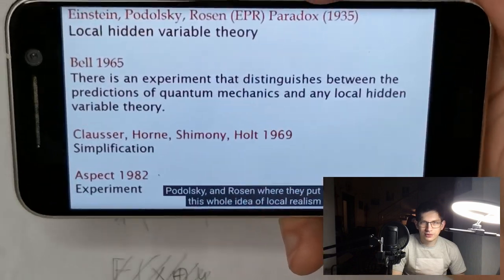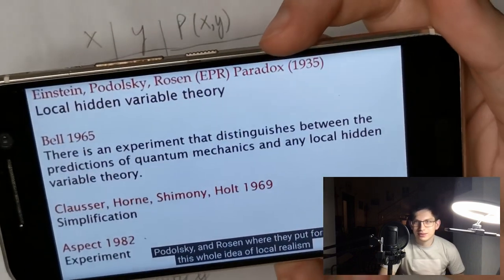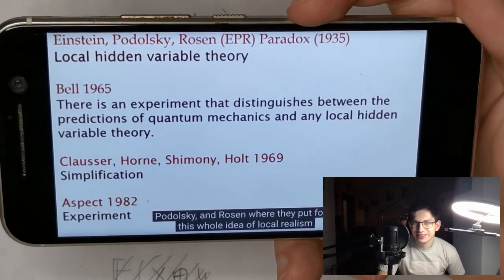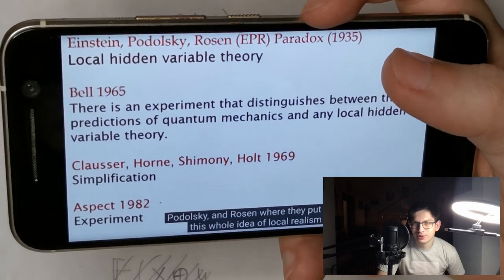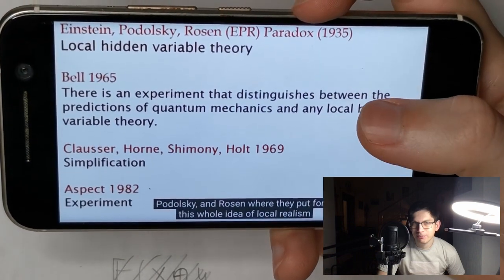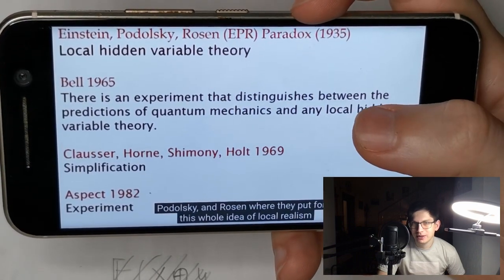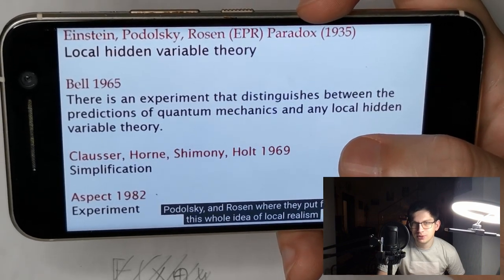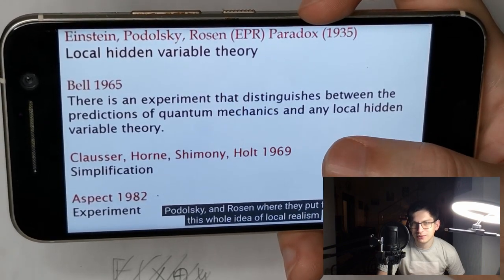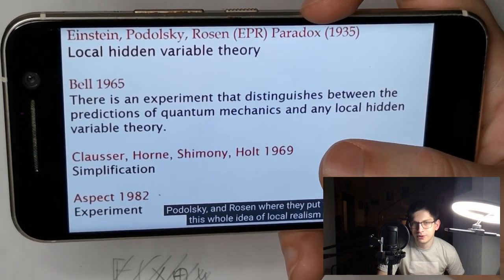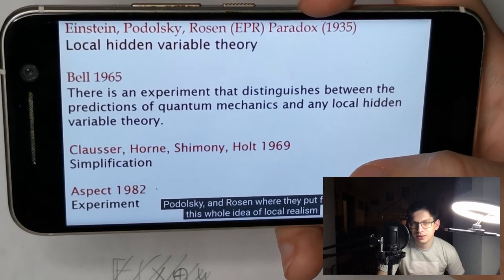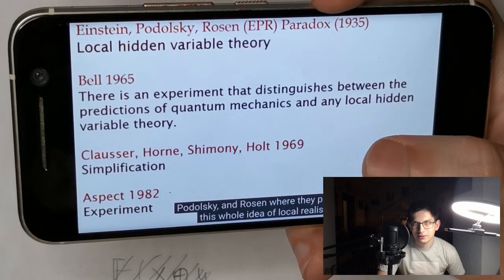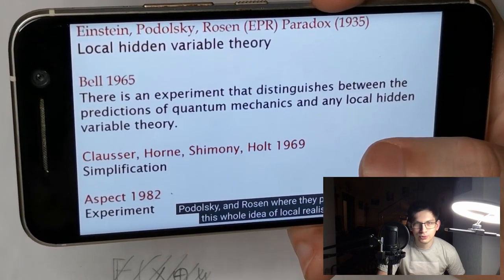So that's the history in short. The EPR paradox was introduced in 1935. Then Bell made his inequality or theorem, and Clauser, Horne, Shimony, Holt, CHSH, within 4 years made a simplification, and afterwards Aspect was able to do his experiment.